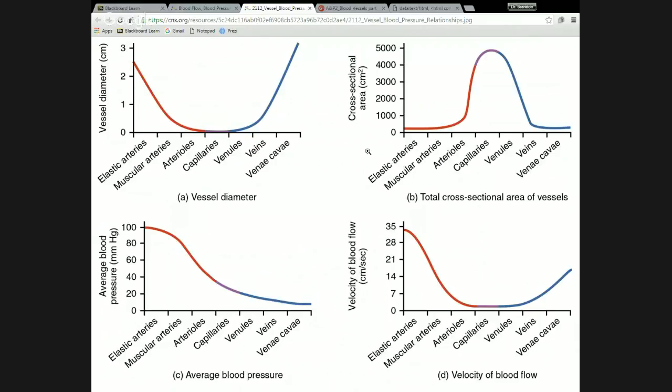And so as we go into the muscular arteries here, going through the elastic arteries and starting into the muscular arteries, the number doesn't seem to change, even though the diameter is getting lower and lower. But the cross-sectional area of one vessel with a 2.5 centimeter diameter and the cross-sectional area of 100 vessels with a diameter of 1/4 centimeter, and I'm not doing the math in my head, I'm just making this up, is going to be about equivalent.